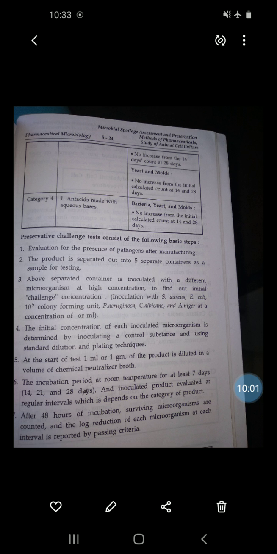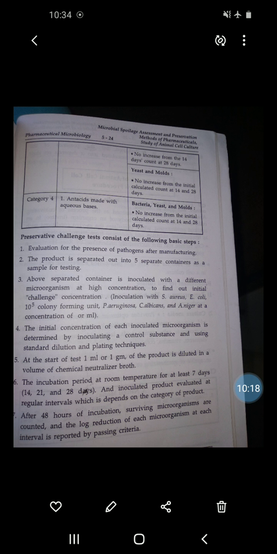The initial concentration of each inoculated microorganism is determined by inoculating a control substance and using standard dilution and plating techniques.